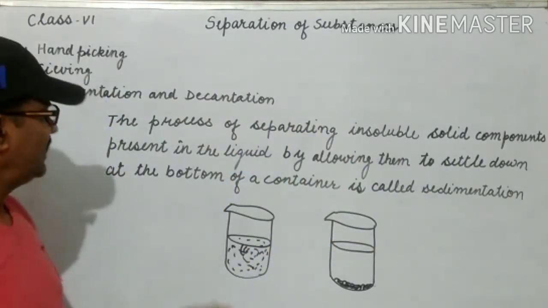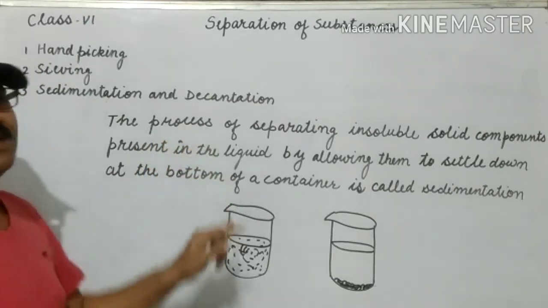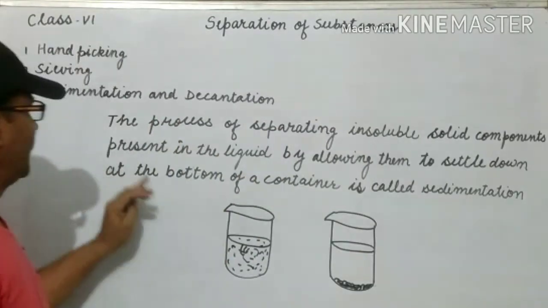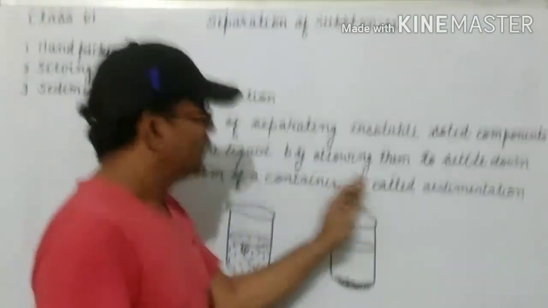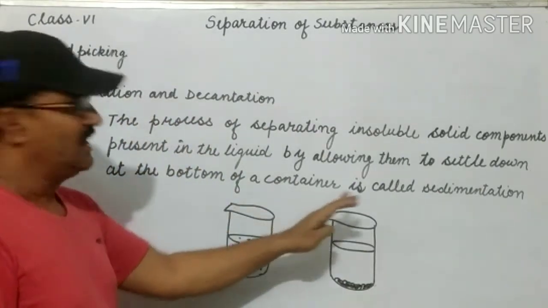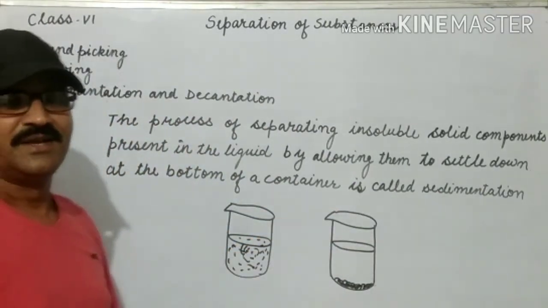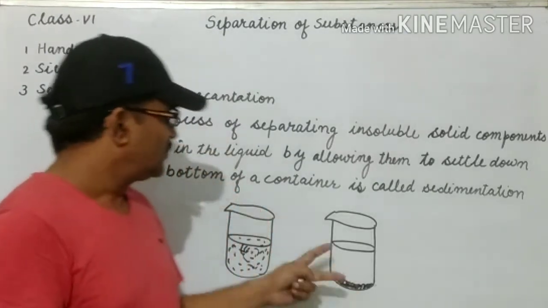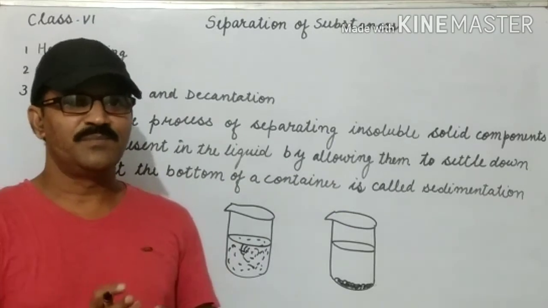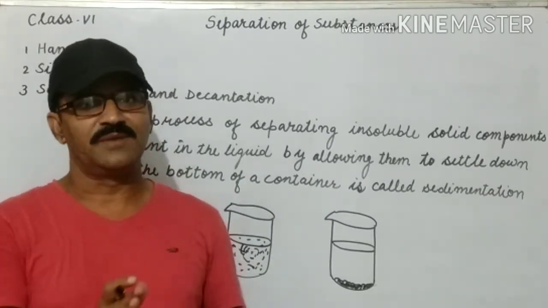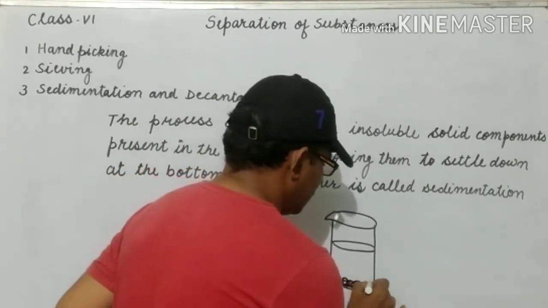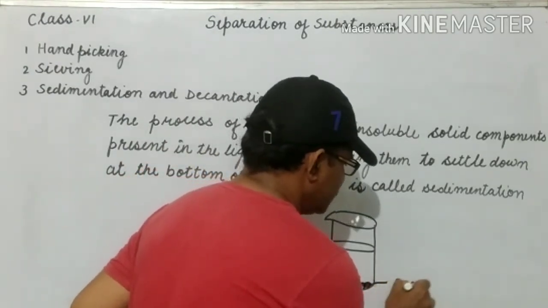I think it is not clear. The process of separating insoluble solid components present in the liquid by allowing them to settle down at the bottom of a container is called sedimentation. Here there are two things. One is the solid components that settle down at the bottom of a container, which are called sediments.